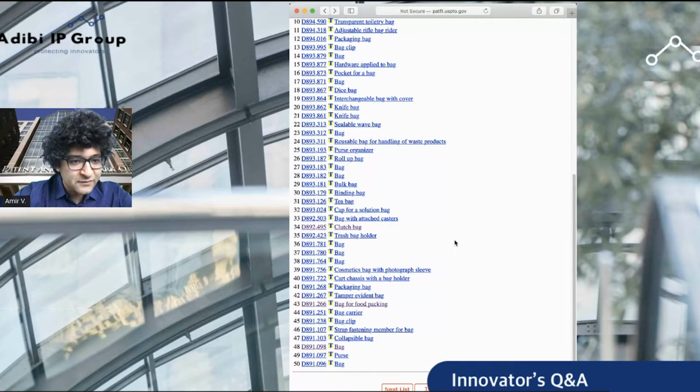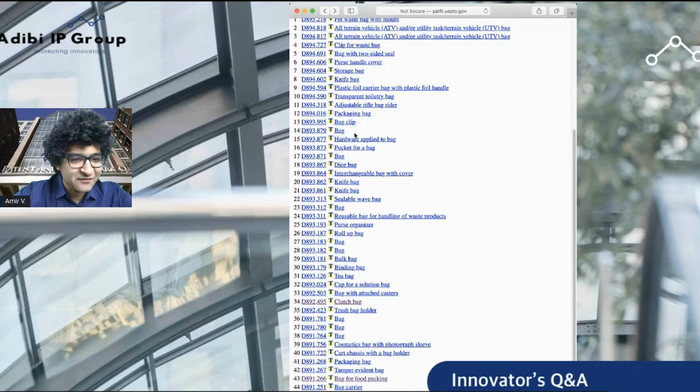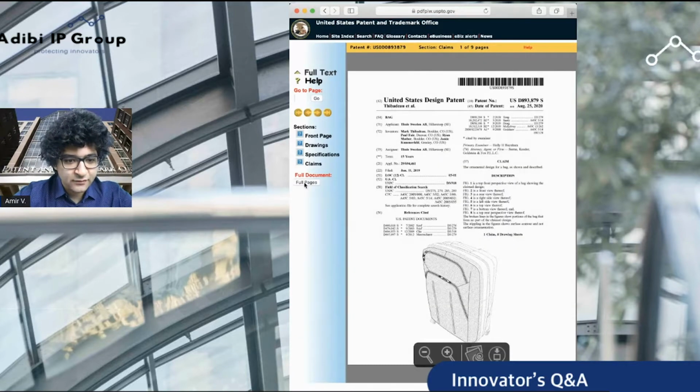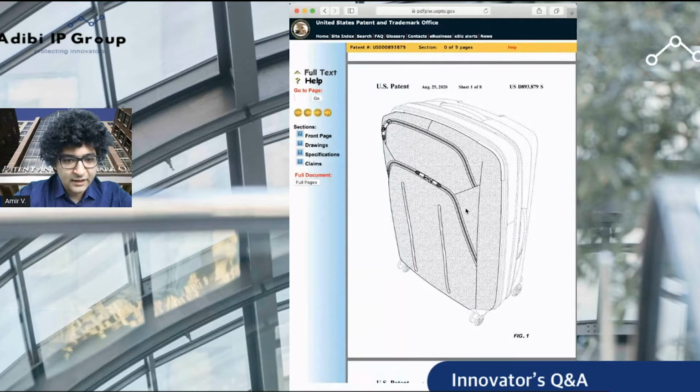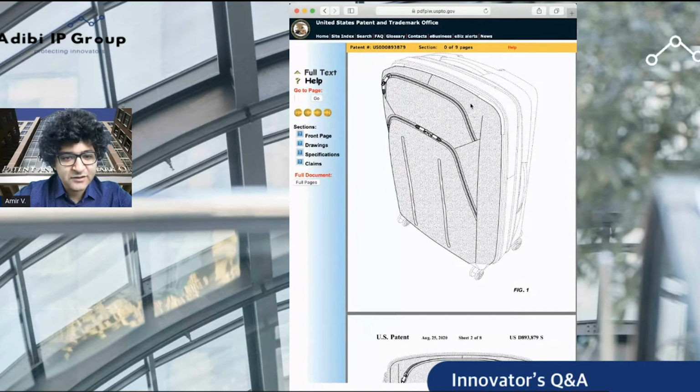I think there was a pet one here. Let's see if we can find some other cool fashion related ones. See what we find here. Okay, so this looks like a suitcase. Yeah, so here's a suitcase. Here's your broken lines.